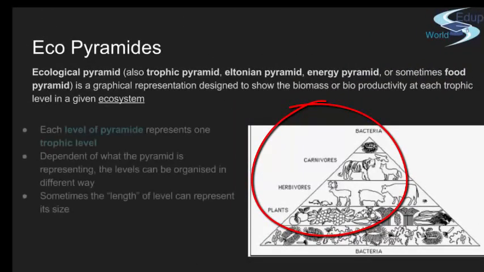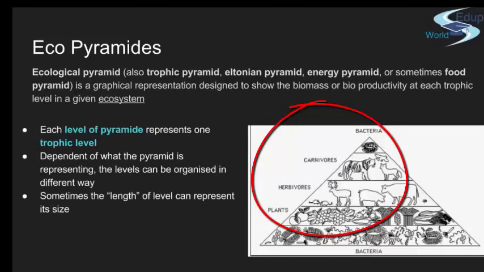Basically, each level of the pyramid represents one trophic level, and these bars stacked on one another can be shown via different variables and measurements. So in general, each trophic level is represented via one level of the pyramid, but they can be stacked in different ways depending on what they are representing.